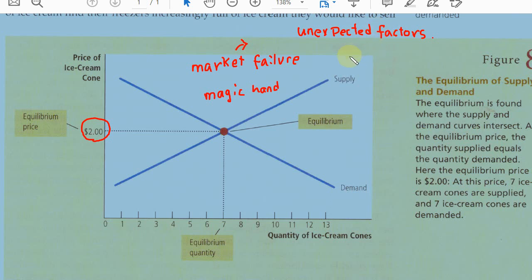What kind of factors? Unexpected factors which make an influence on this market.